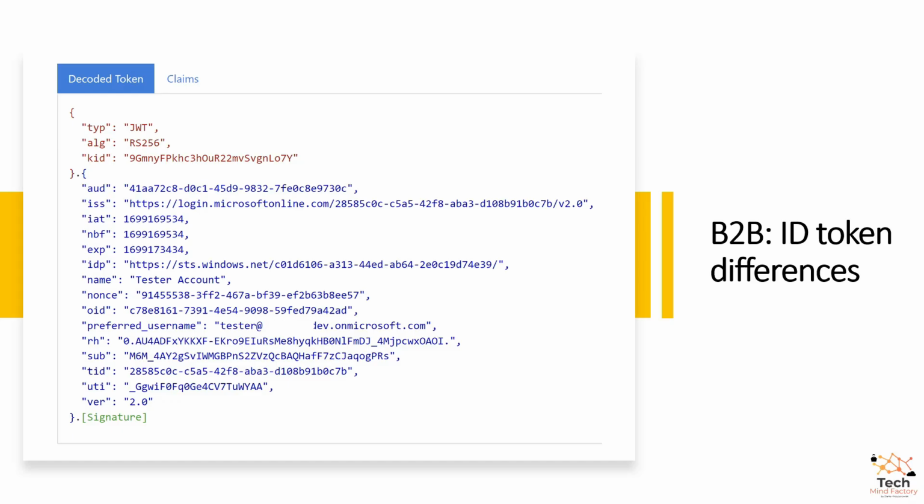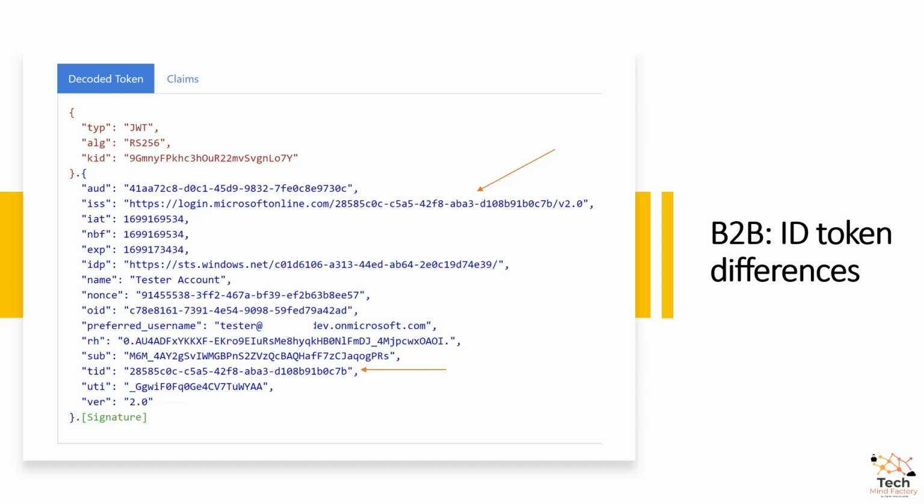So once the B2B user is successfully authenticated, the application receives an ID token from Microsoft Entra ID. And when we look into this ID token, we can see that there is an issuer claim and also a TID claim. Both of those claims contain a tenant ID. But this is not the tenant ID of this B2B user, of course. This is our Entra ID tenant ID to be more precise, where we enable B2B or where we invited the user as a guest user, okay?